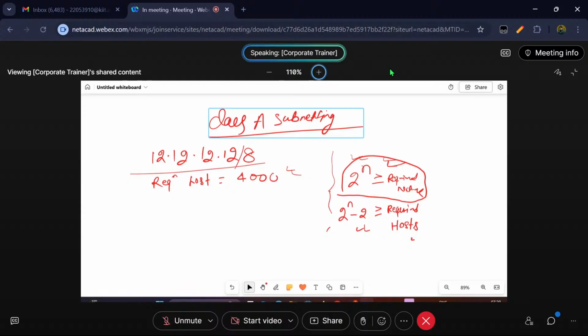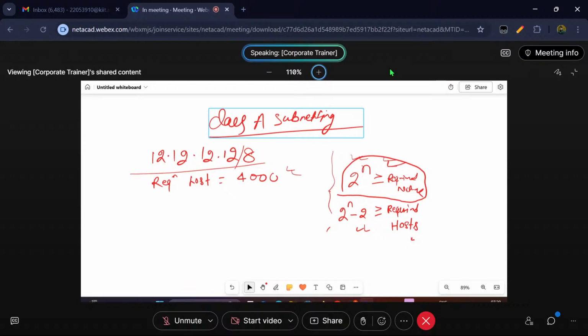If you have completed, then reply in the chat. What values do you have to reply? The first thing, what value of n you got.